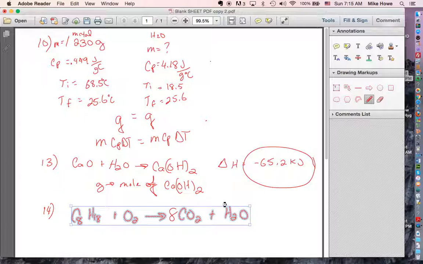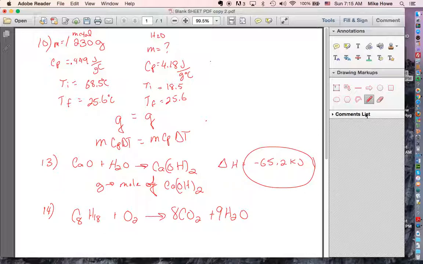Okay, so where was I? An 8 here, a 9 there. That would give us a total of 16, and 9 is 25 oxygens. So that doesn't work very well because 25 oxygens is an odd number, and I can only have an even number on this side.